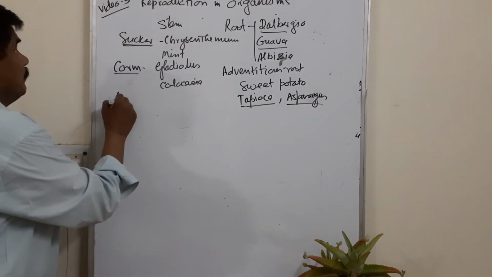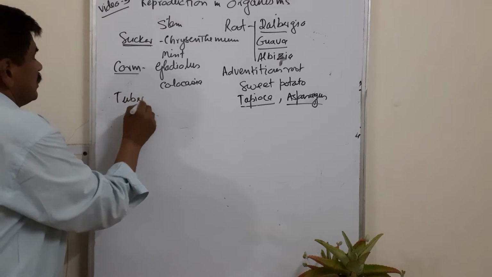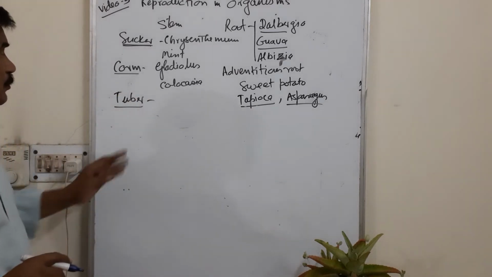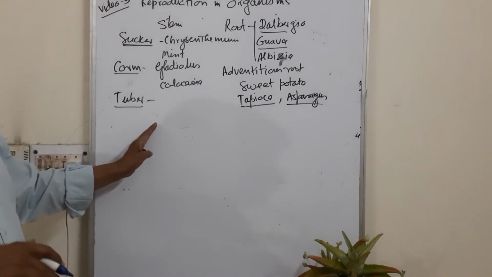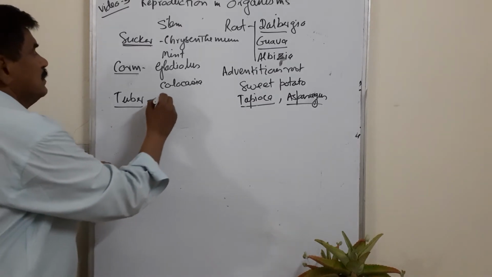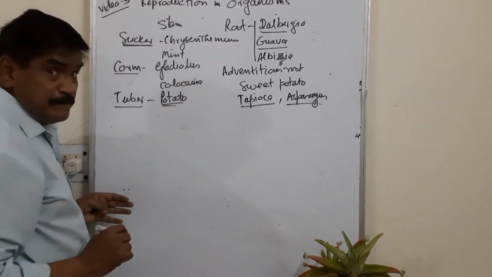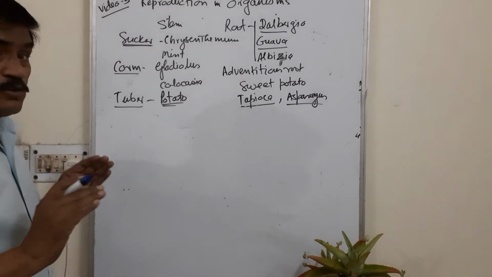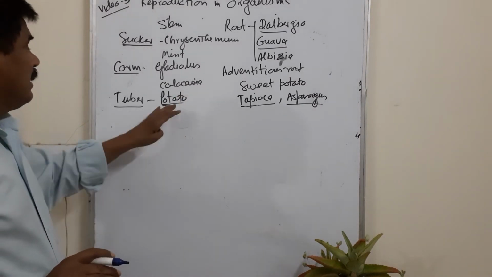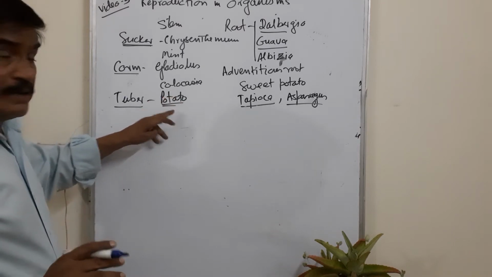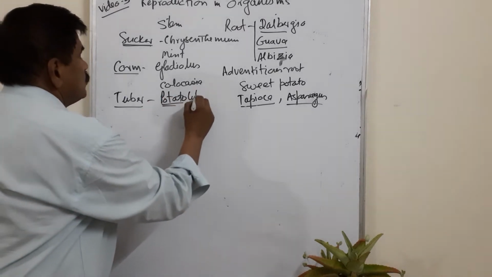You know, tuber. The very famous example of tuber, at least one, which is a very economical plant also, is potato. The potato which we eat is a modified tuber stem, and from the potato tuber, the new plant is produced.